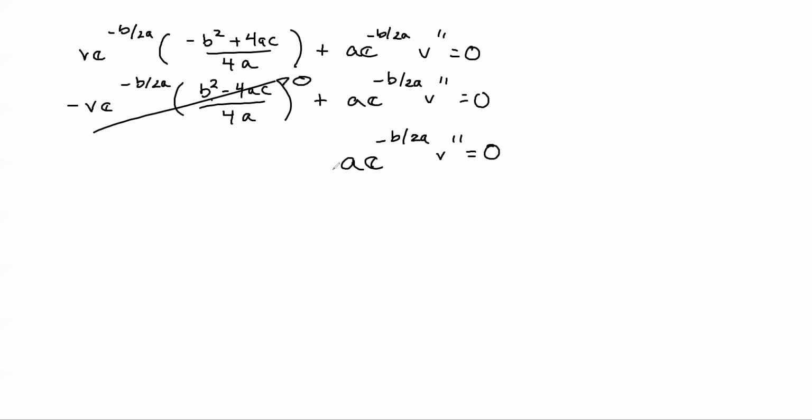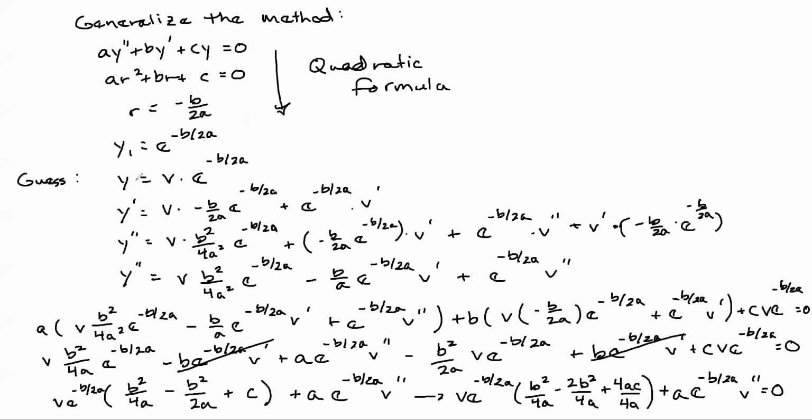A is a constant. You could divide both sides by it. E to the negative b over 2a is always positive. You could divide both sides by it. And so you get v double prime equals 0, and then integrate, and you'll get v prime equals c1, and then integrate again, and you'll get c1t plus c2. Then going back to our definition here, we said that y equaled v, whatever it is, times e to the negative b over 2a.